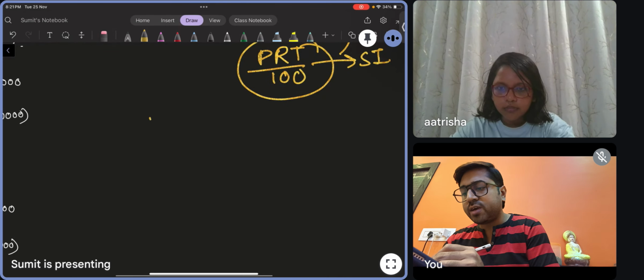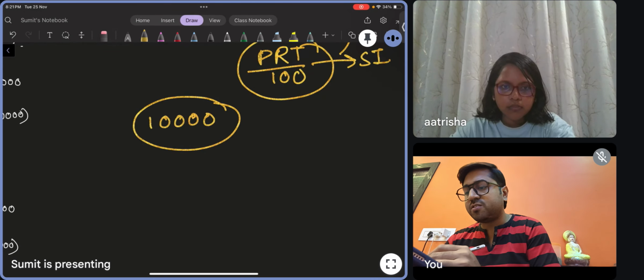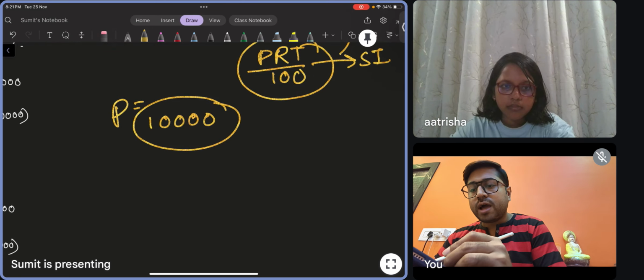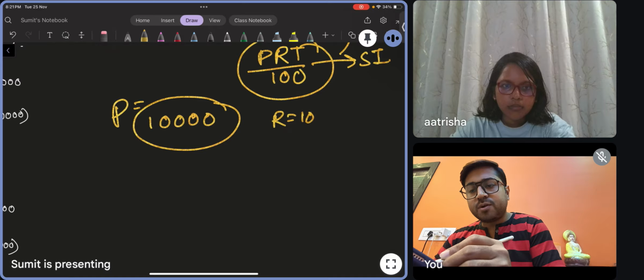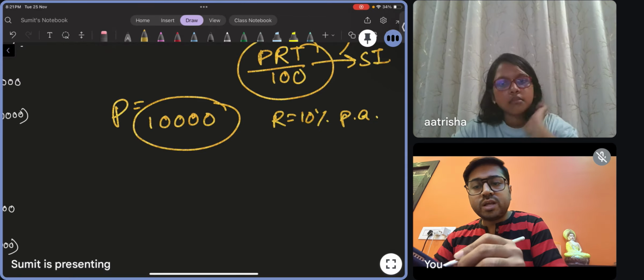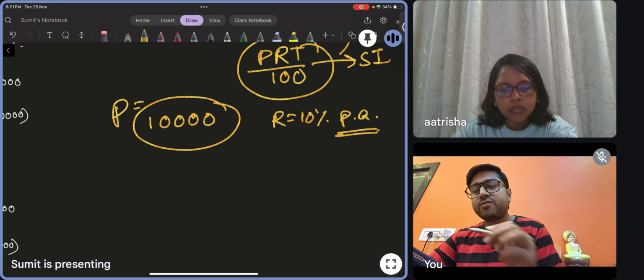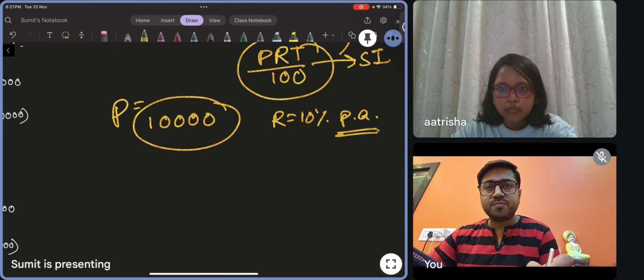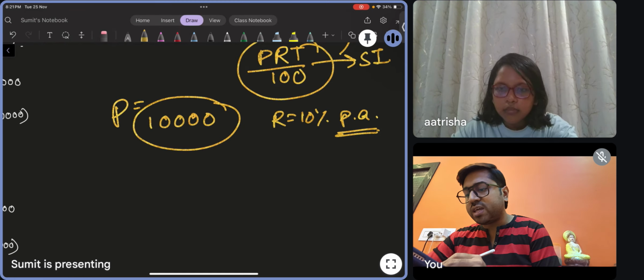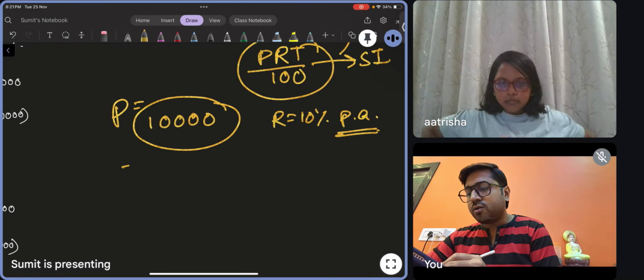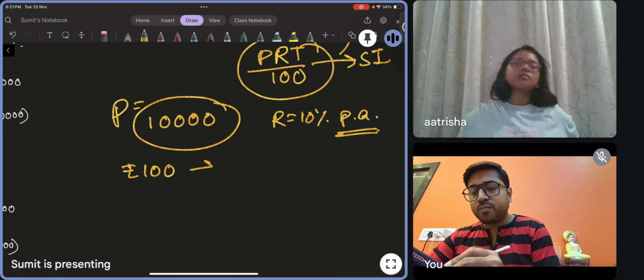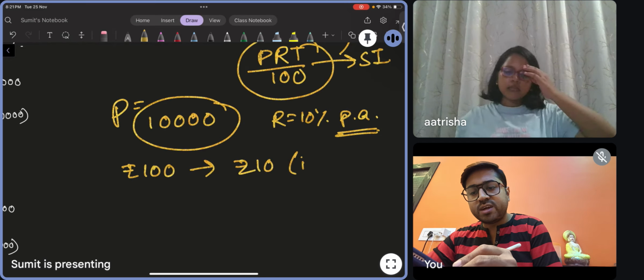Okay, you are taking 1 lakh, that is fine. That is the principal amount. And the rate is 10% per annum. When I am saying per annum, it means every year. So you have to pay the interest every year. So that means for 1 year, 10% means for rupees 100, you will pay rupees 10 in 1 year.